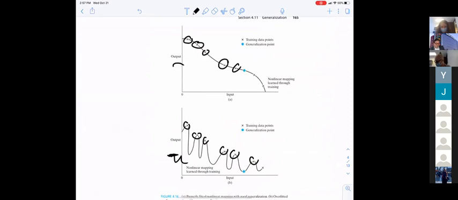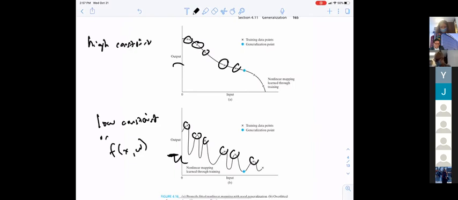And this points out that this has very low constraint on the fitted function f of x w. In other words, I can fit lots of things. It's a very powerful network. This has high constraint on f of x w, in other words, a less powerful network.